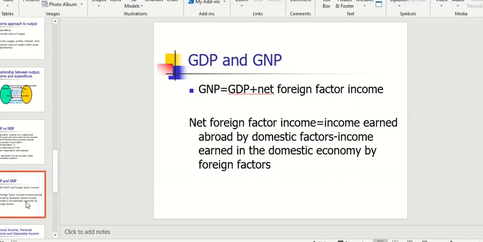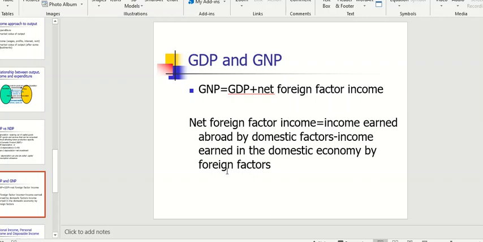That adjustment is net foreign factor income, which is the income earned abroad by domestic factors minus income earned in the domestic economy by foreign factors. In other words, it is the income earned abroad by Americans minus income earned by foreigners in the United States.